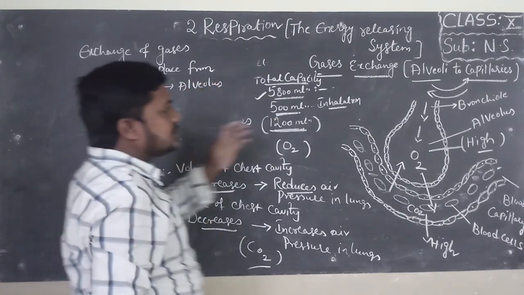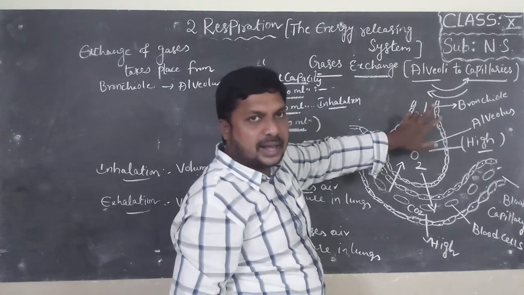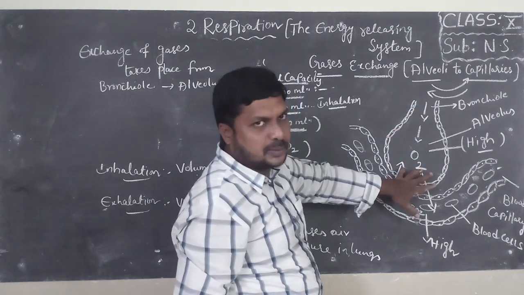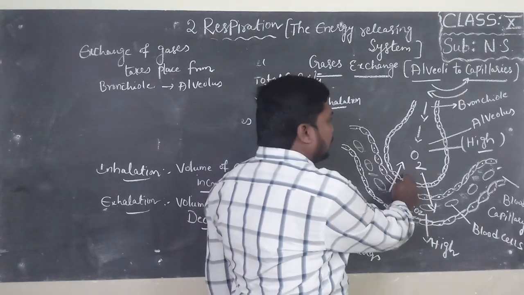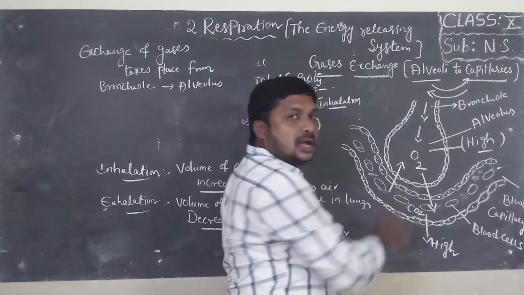Same here. At the time of inhalation, the oxygen content in bronchiole will be high and the CO2 content in alveolus will be high. So the CO2 diffuses from alveolus to bronchiole and the O2 diffuses from bronchiole to alveolus.